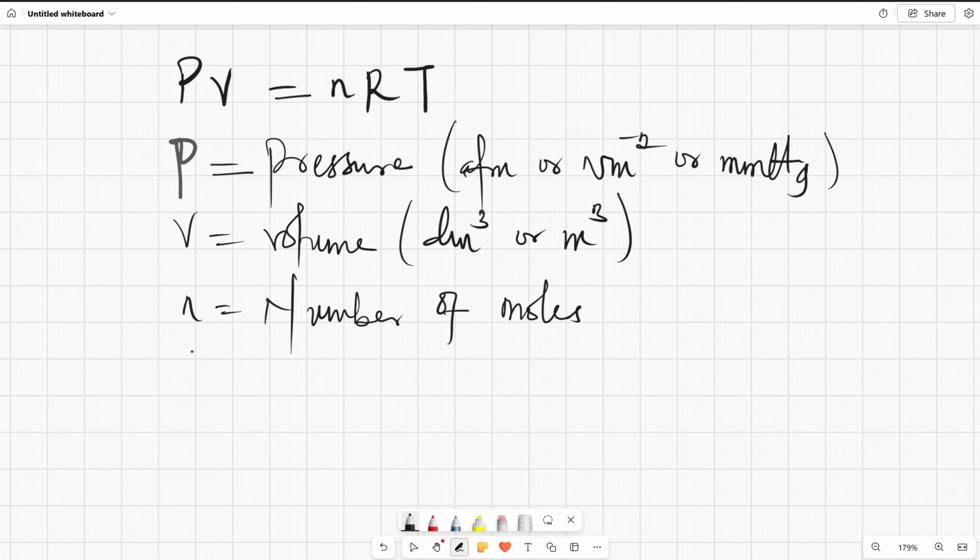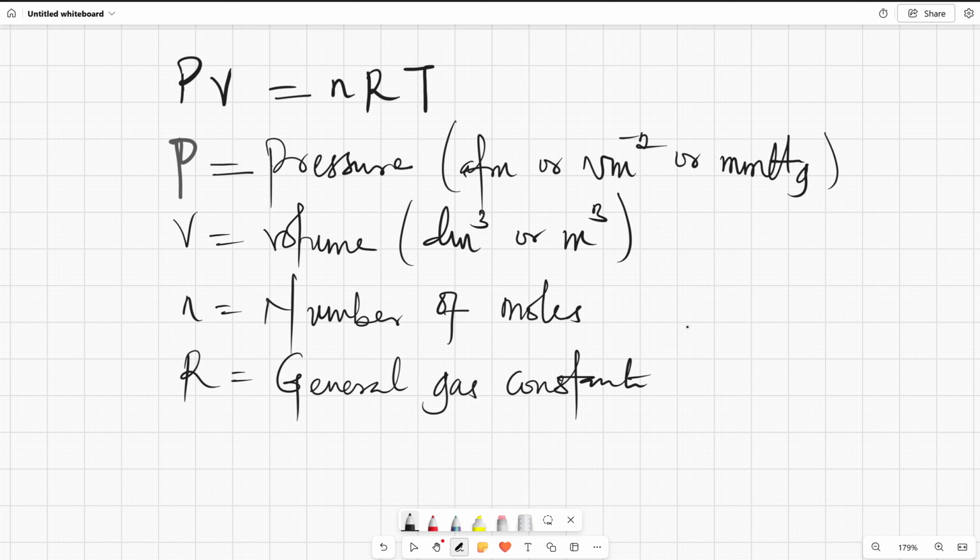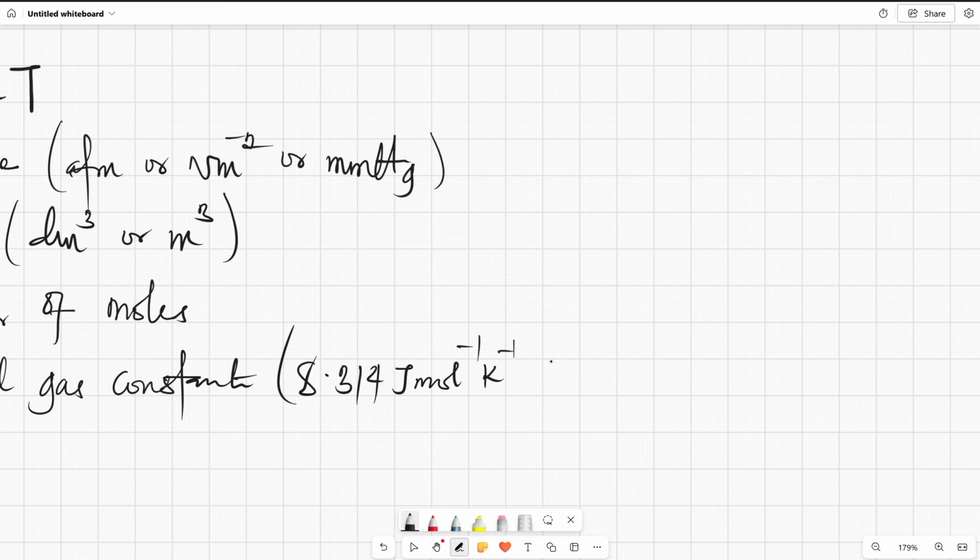R is the general gas constant, which you have as 8.314 joule per mole Kelvin, or as 0.082 atm dm cube per mole Kelvin.